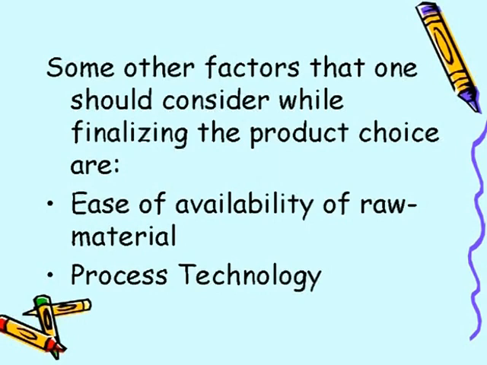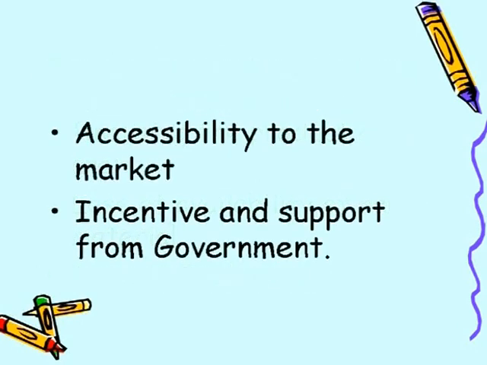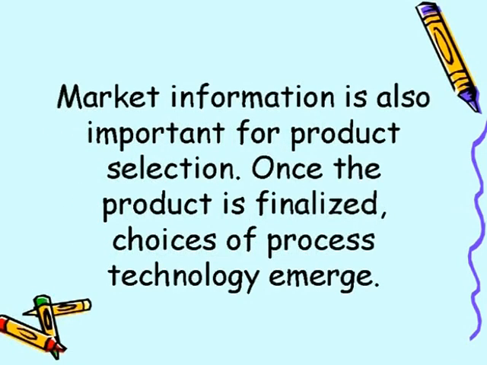Some other factors that one should consider while finalizing the product choice are ease of availability of raw material, process technology, accessibility to the market, incentive and support from government. Market information is also important for product selection. Once the product is finalized, choices of process technology emerge.